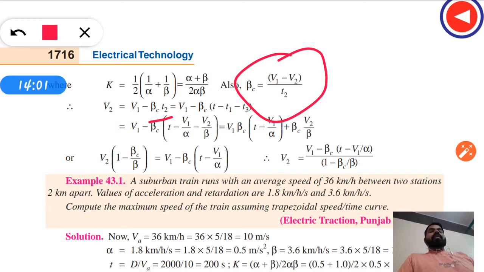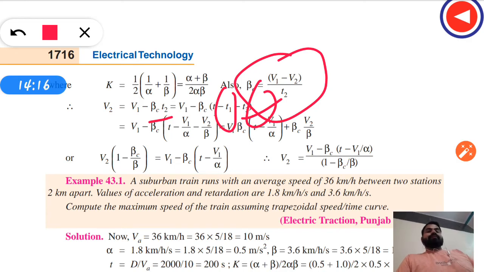So V2 will become V1 minus beta C T, then put the values of T1 and T3, V1 upon alpha and V2 upon beta.